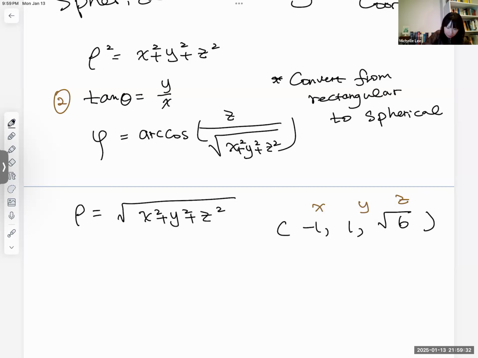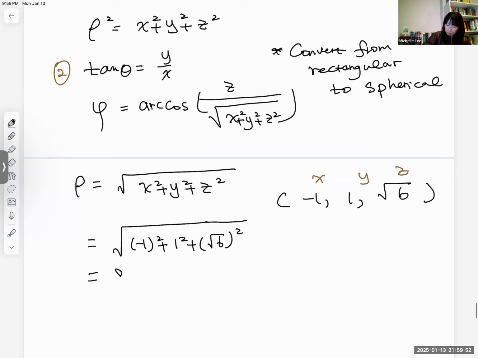So we have the square root of (-1) squared plus 1 squared plus the square root of 6 squared. Can you please calculate?